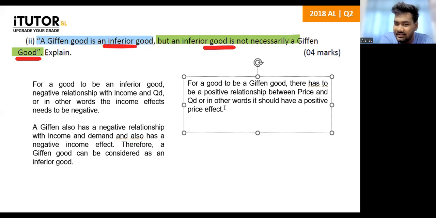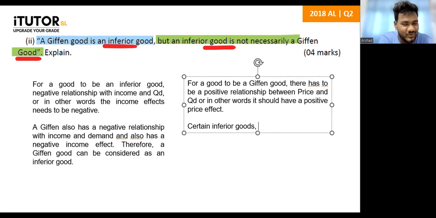You can say certain inferior goods, where, for example, listen to this. Guys, do you all remember which effect is stronger for a given good? Is it the income effect or the substitution effect?